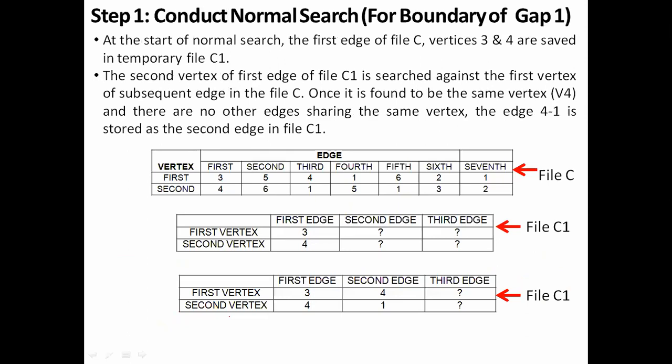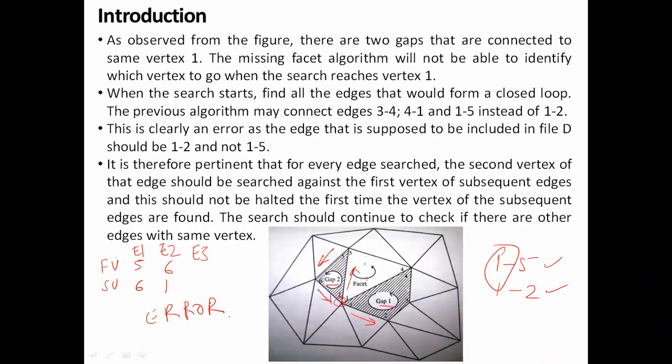What happens over here is not much is going to change, except one more concept is going to come into the picture. The rest of the concepts remain the same as in the missing facet algorithm. First of all, a file will be checked for the edges.